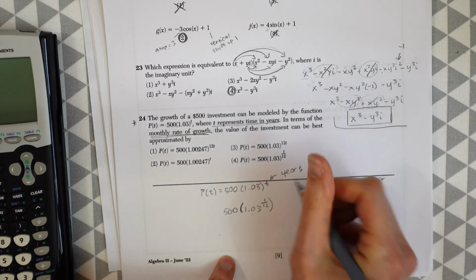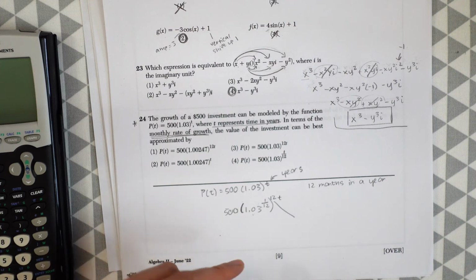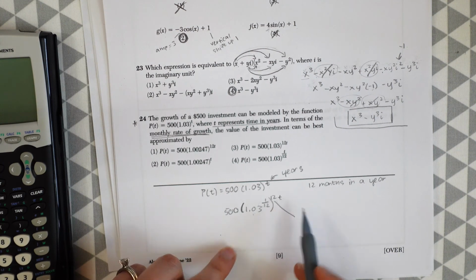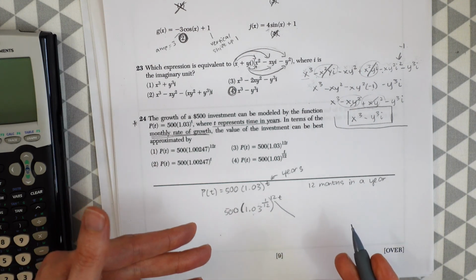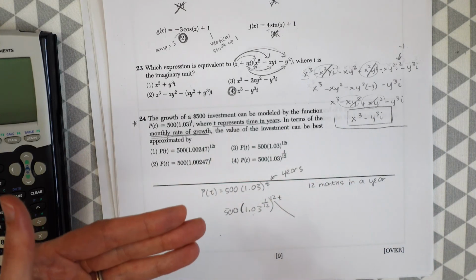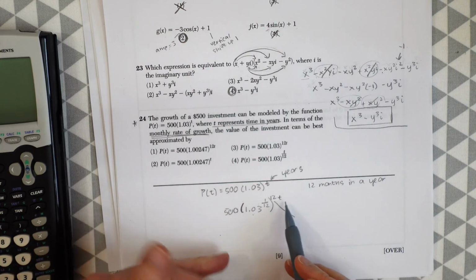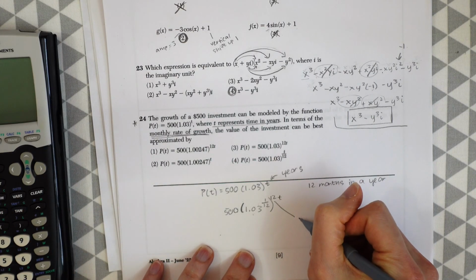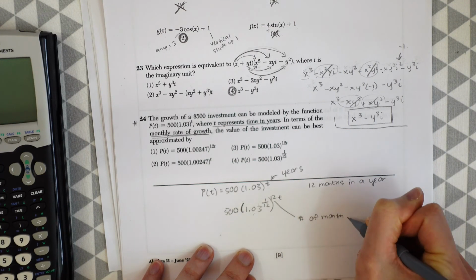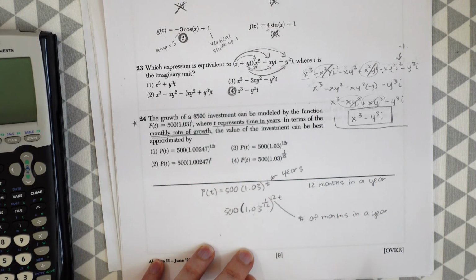And as far as t goes, we need to multiply it times 12, because we need this raised to the number of months. Since t is in years, we don't know if there's going to be 1 year or 2 years. We need to know how many months there are. So the 12 here represents the rate per month.